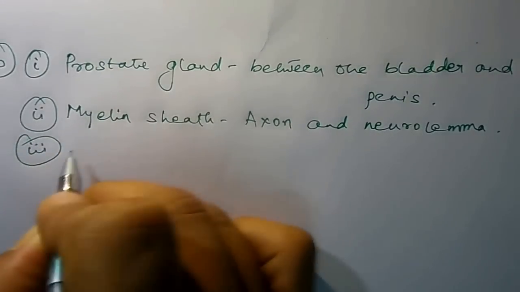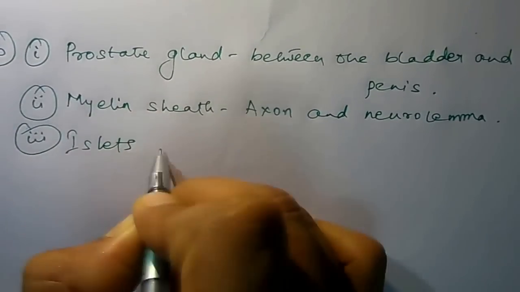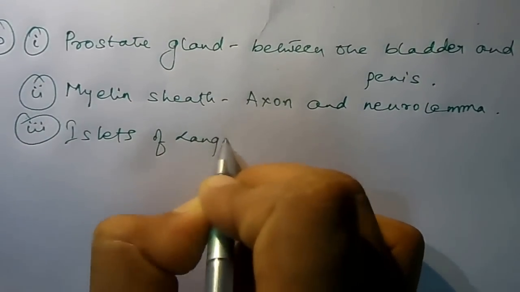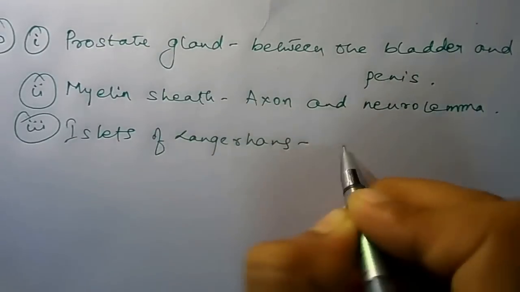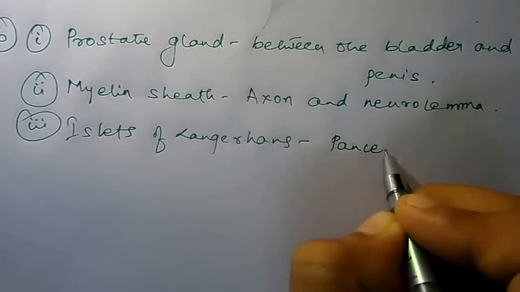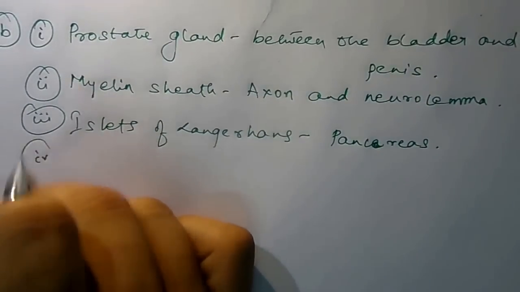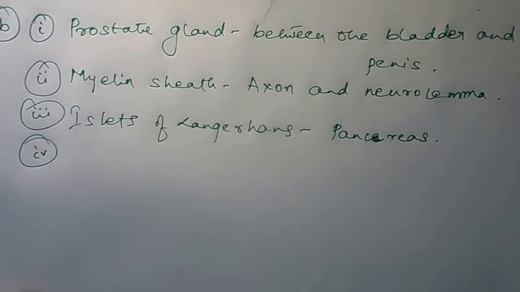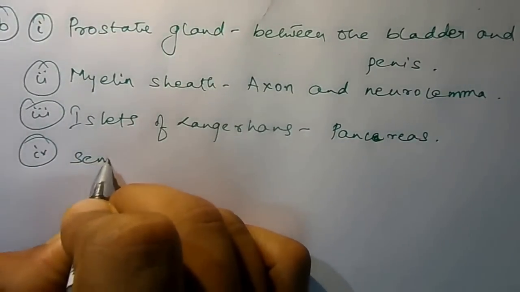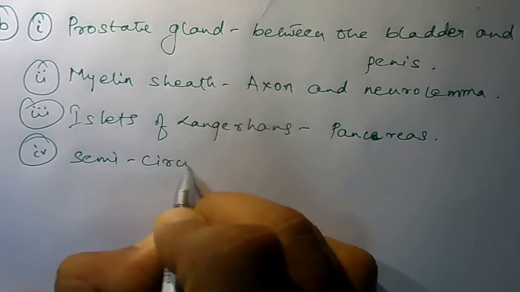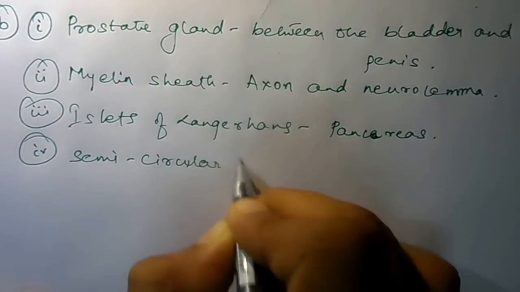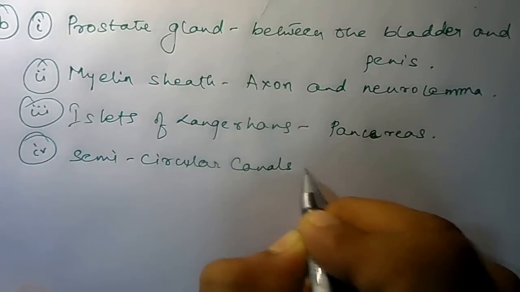Number 3 is islets of Langerhans. It is in the pancreas and it contains the 3 cells, alpha, beta, and delta. Next is semicircular canal. This is from the ears.